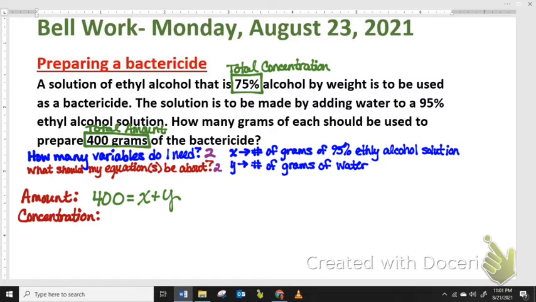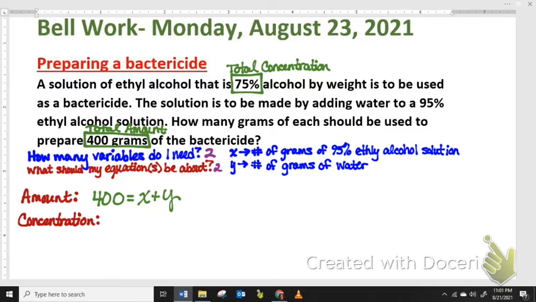Wait, how do we know that x plus y equals 400? Well, I know that my total amount that I want is 400 grams. And I know that x means number of grams of this thing, and y means number of grams of the other thing. So when I look at this equation, it's grams equals grams plus grams. My whole equation, all the values there, including the variables, I've got consistent units. Grams equals grams plus grams. So far, so good? Okay.